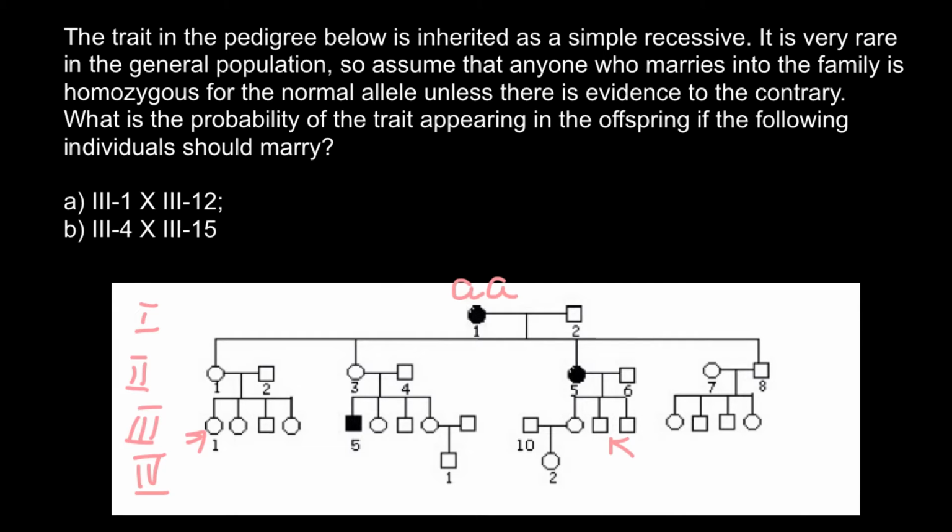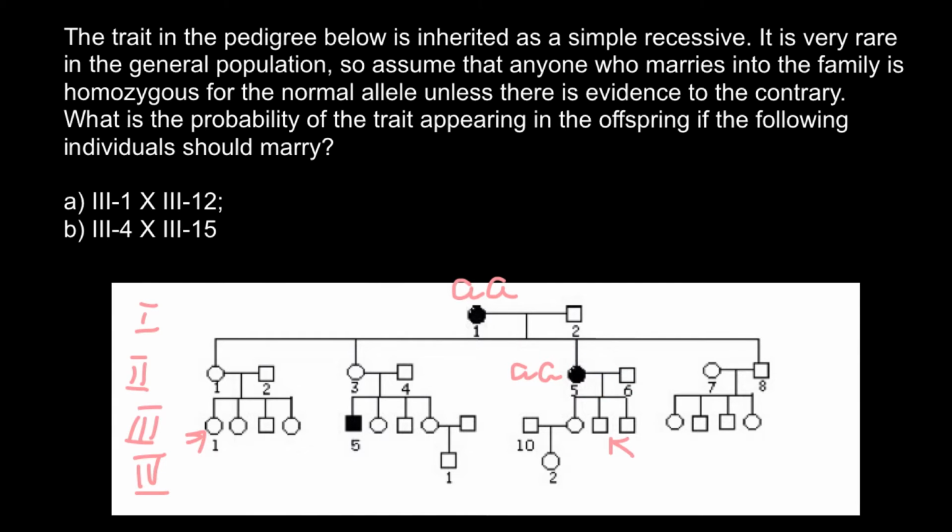Let's take a look at the progeny. This is a daughter, another daughter, another daughter, and a son. As you see, they have an affected daughter, so the genotype of the daughter is also small a small a. If this parent were homozygous dominant, with two dominant alleles, and we cross homozygous recessive with homozygous dominant, all the progeny would be heterozygous and normal.